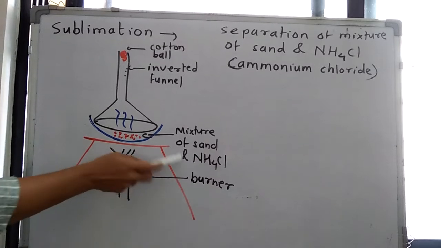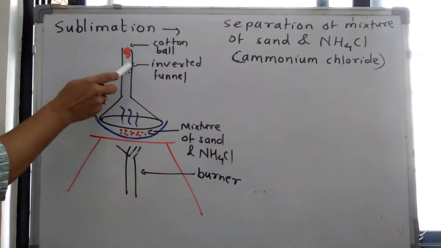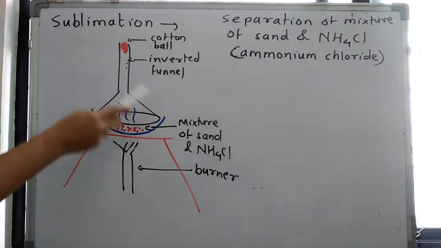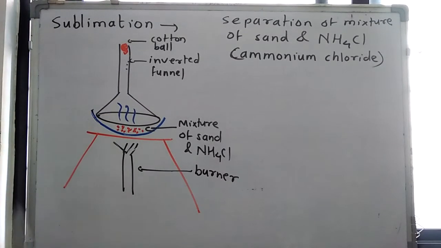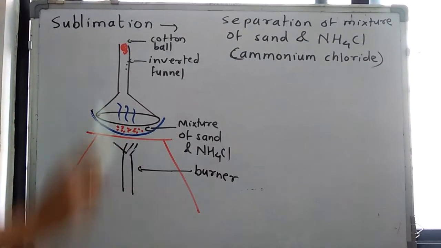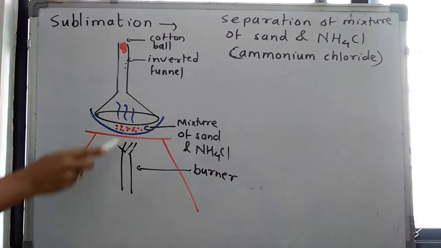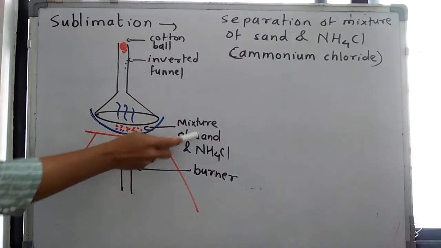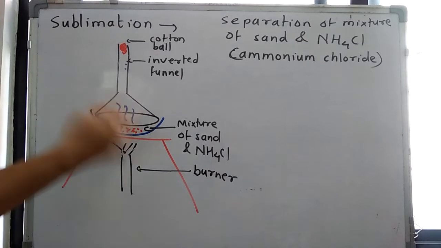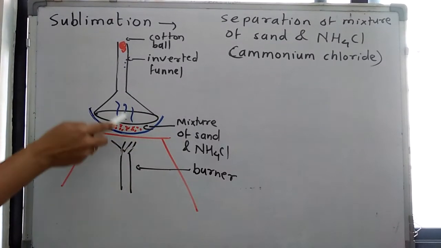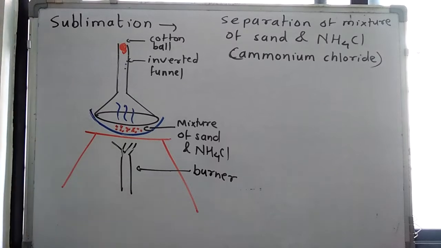The fumes of ammonium chloride will come up, and when we stop heating, these fumes again get converted into crystals of ammonium chloride, and the crystals will settle on the sides of the funnel. There is no effect of heat on the sand, so sand remains as it is.